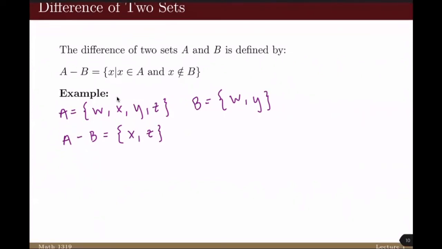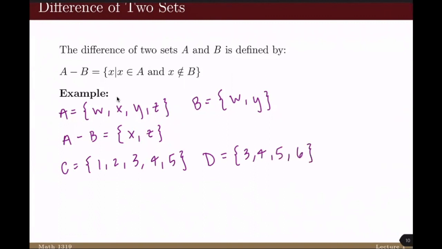Let's do an example with the numbers. Let's use C and D for our next two sets. Let's say C is equal to 1, 2, 3, 4, 5. And D is equal to 3, 4, 5, 6.